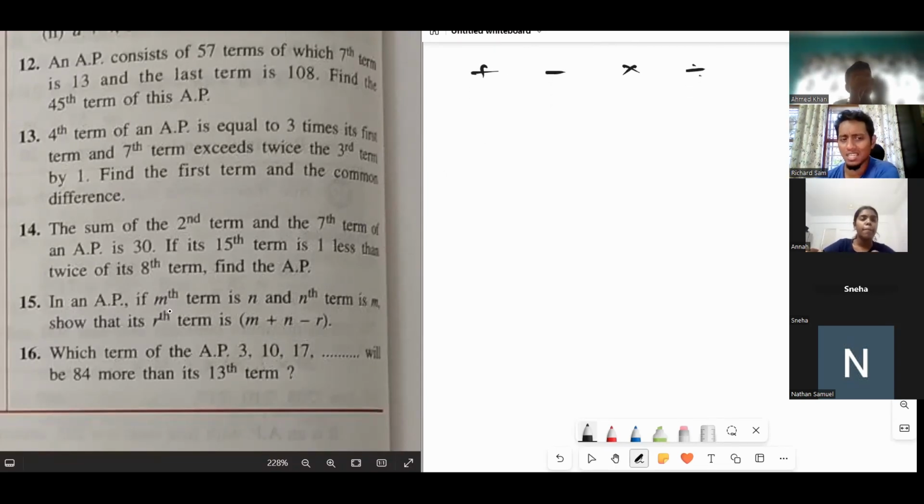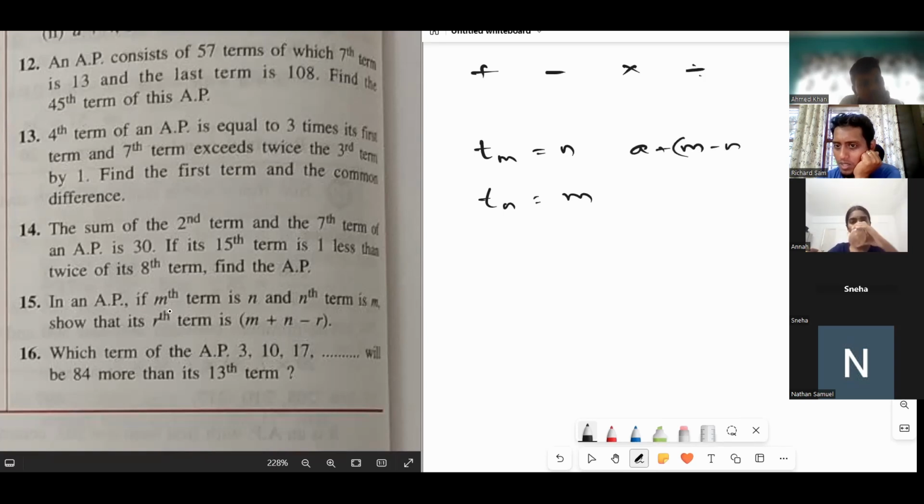The mth term is n. That means Tm is equal to n, right? And the nth term, that means Tn is equal to m. Show that the rth term is m plus n minus r. How do we do this? The mth term means a plus m minus 1 into d.